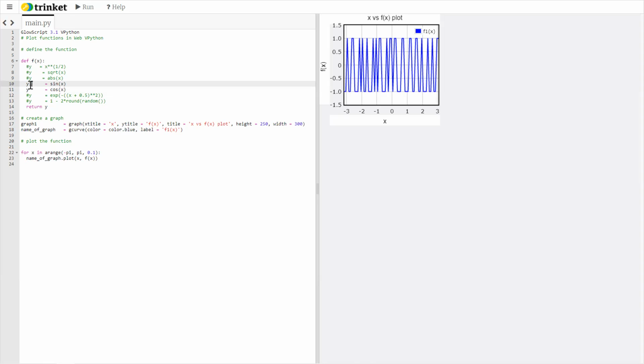Let's say this is y1, this is y2, so we return y1 and y2. Or maybe we redefine another variable for cosine.